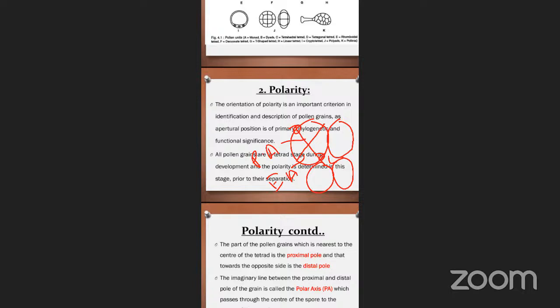In isopolar, the proximal pole and distal pole are both the same. If both are the same, it is considered isopolar. If only one pole is present, either the proximal pole or the distal pole, that is called heteropolar. Only one is present, the other is not. We can see the diagram also. Just wait.